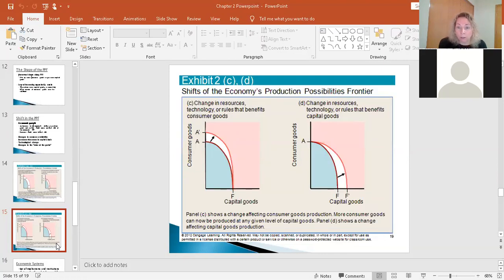If it's oil, yeah, maybe. It's going to impact production of everything, right? But if we have a great growing season and a bumper crop of something, well, that's going to look more like this first graph, where we see a big bump in the consumer goods and you can see capital goods remains basically unchanged, right? And vice versa.